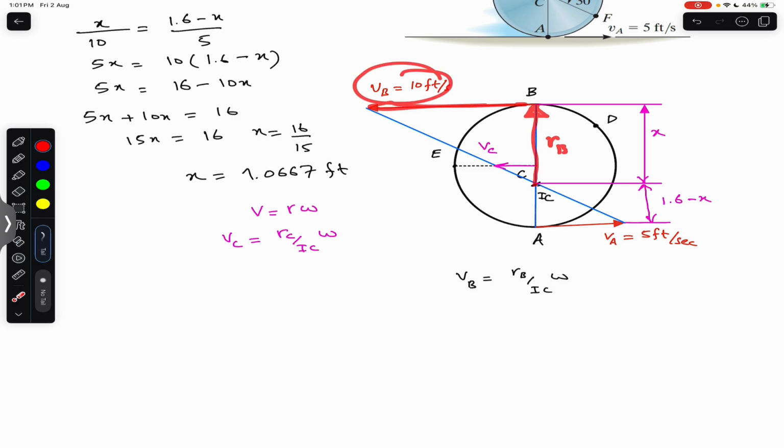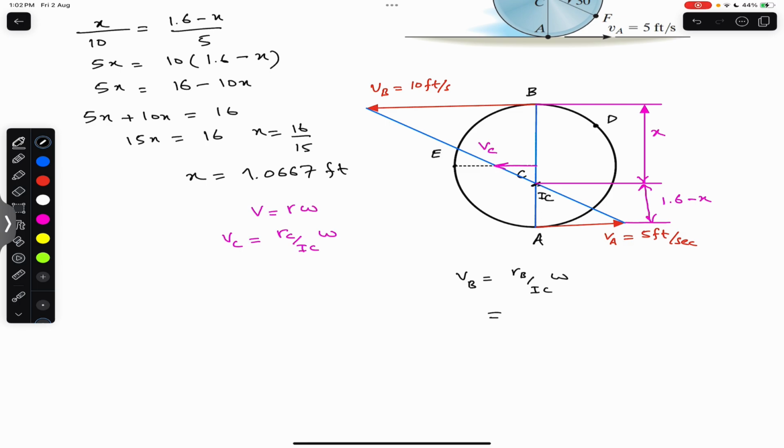That will be the position vector for the velocity of B relative to the instantaneous center. This vector has a magnitude of x, which is 16 divided by 15 feet, or 1.0667, multiplied by omega.